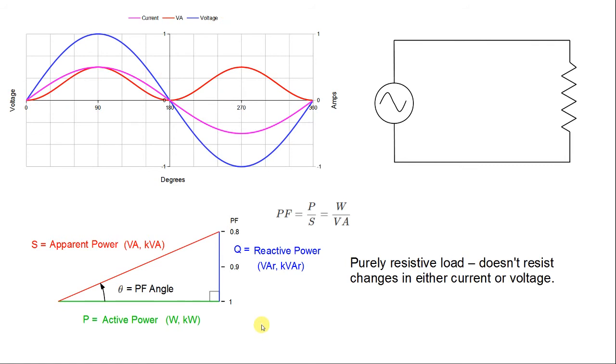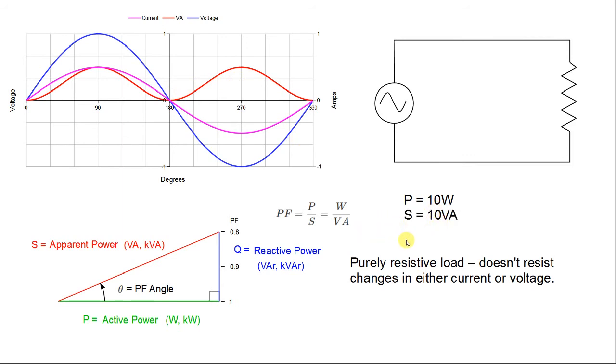Okay, so I've come back to our purely resistive load, and I want us to understand power factor a little bit better. So we have our power factor here, and in my purely resistive load, here is my volt amps. And remember, it was all positive. So my power, because there is no reactive power, it's all above the line, I have 10 watts of power.